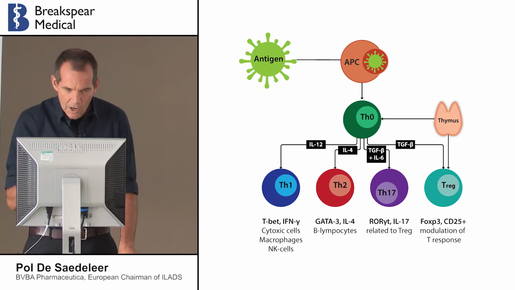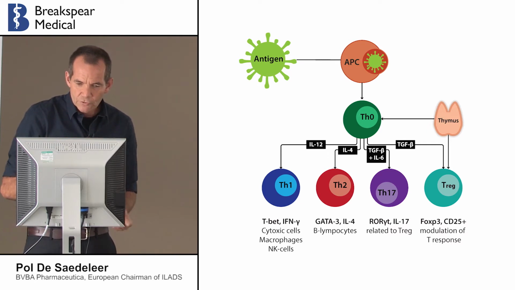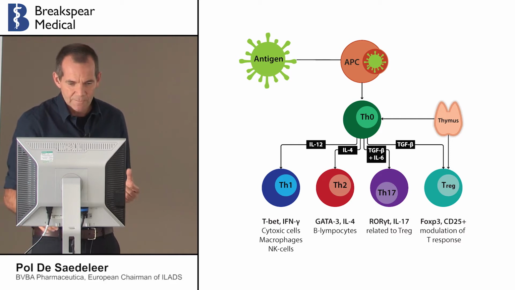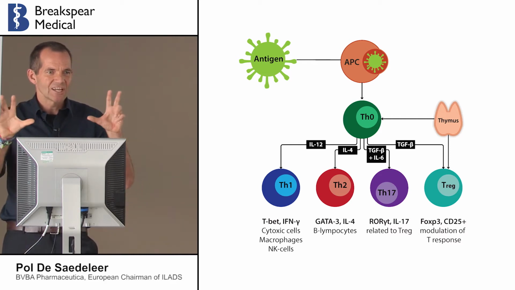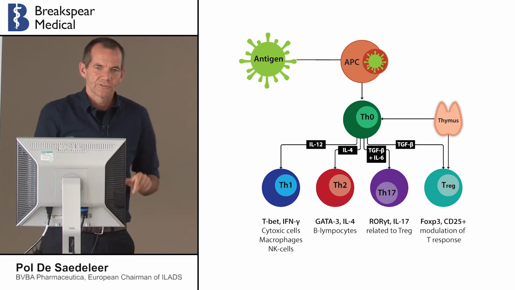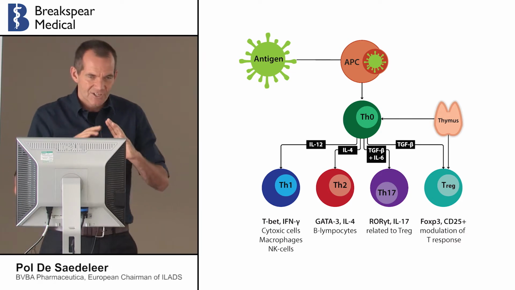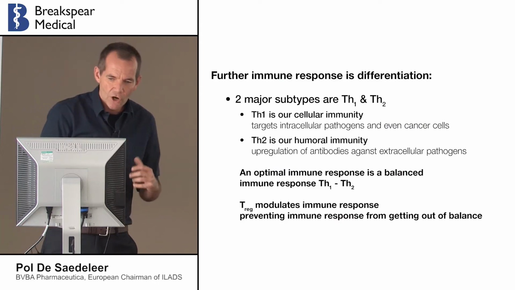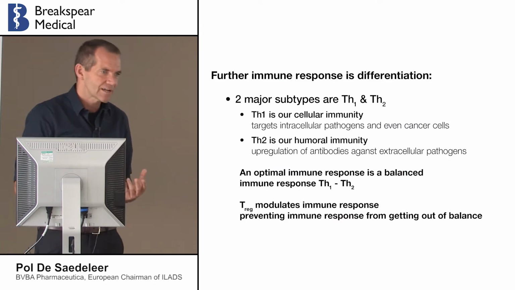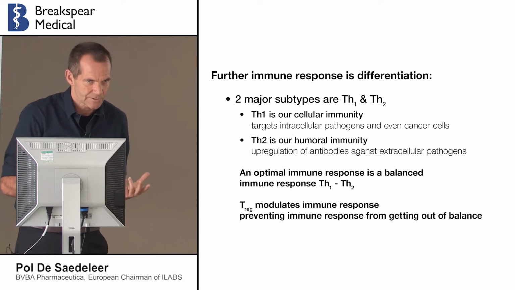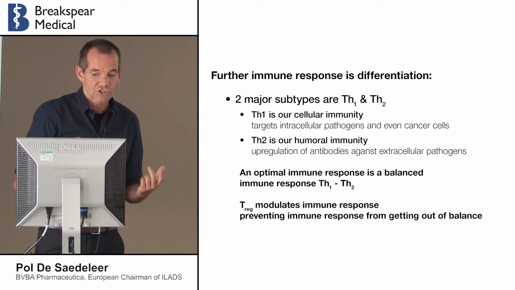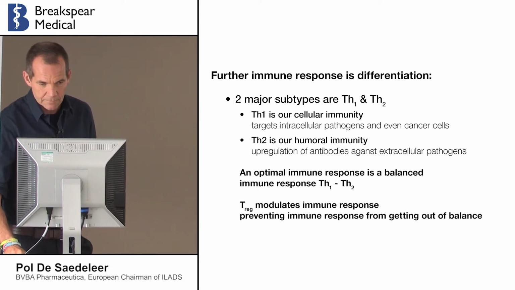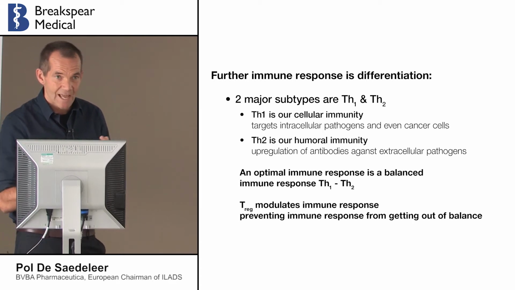Now, a good immune response is a balanced immune response between Th1 and Th2. Th1 is our cellular immunity. It's the immunity that targets intracellular bacteria, viruses, even cancer cells. Th2 is how we produce antibodies.